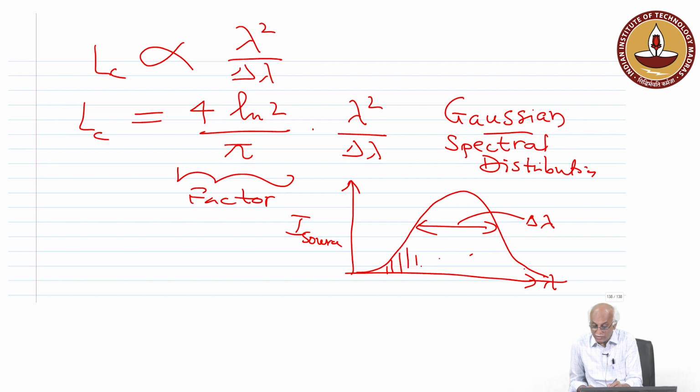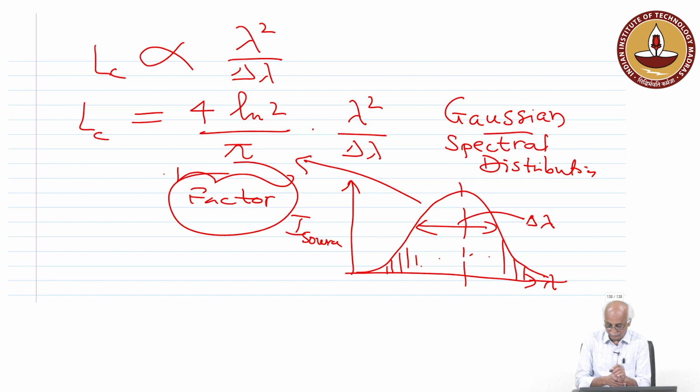Depending upon the spectral shape, the center wavelength will have different intensity as compared to the other wavelengths. So, all these aspects affect this coherence aspect, and this factor incorporates the spectral shape of the light source and gives us some correction factor, and in case of a Gaussian beam it is 4 natural log of 2 divided by pi into lambda square by delta lambda.